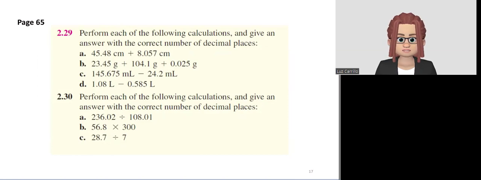So on letter A, we have 45.48 centimeters added to 8.057 centimeters. When we're adding these two numbers, the unit is going to be centimeters.